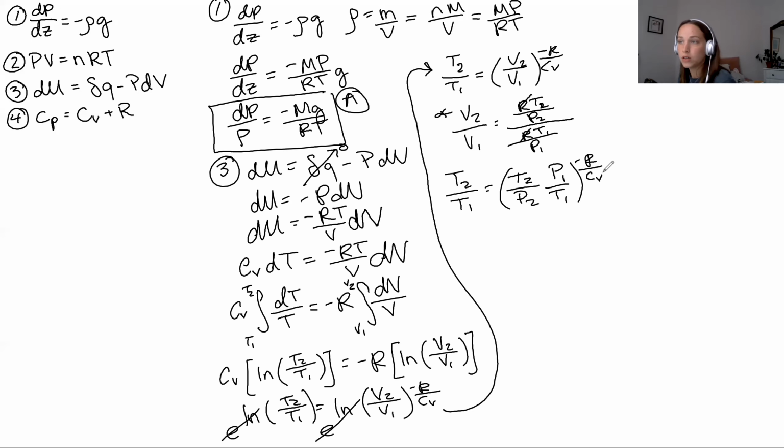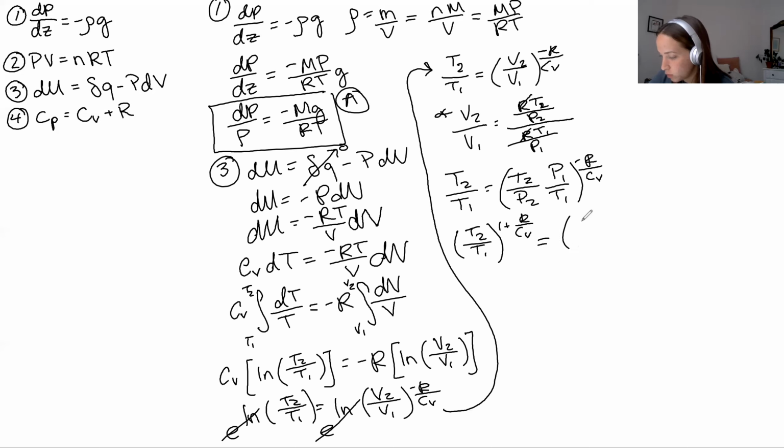So from here, we are able to get all of the temperatures on one side and all the pressures on the other side. And all that takes is a little bit of rearranging of the exponents and dividing by the temperatures. So on the left-hand side, we will have T2 over T1 to the 1 plus R over CV.